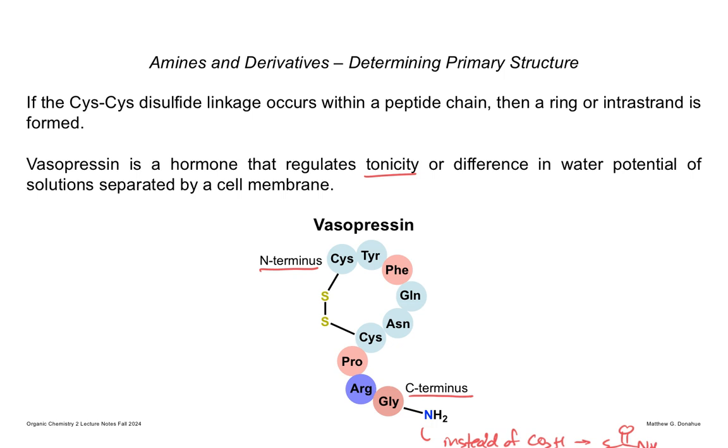So the NH2 means that, but that's still the C terminus. And so within that we have this large ring that again is due to the disulfide linkage between the 2 cysteines.